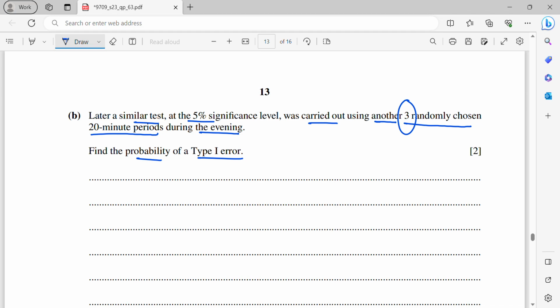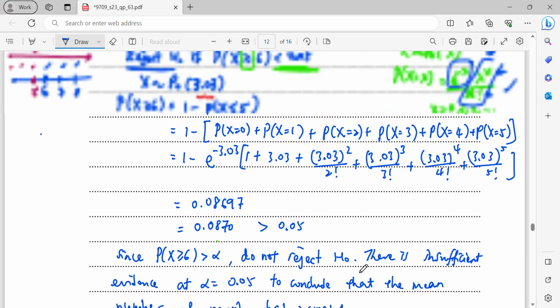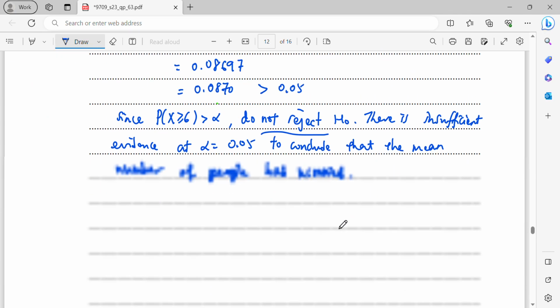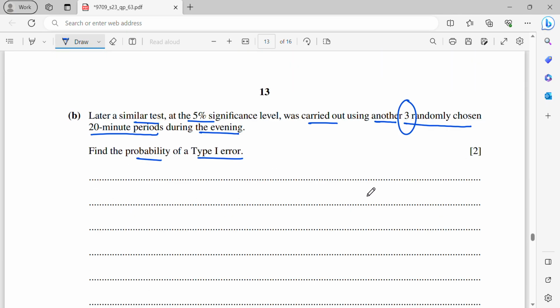To get the type 1 error, we need to know the critical region, because type 1 error means we reject H0. But from the previous calculation, P(X ≥ 6) leads to do not reject H0. Therefore now I need to count P(X ≥ 7).